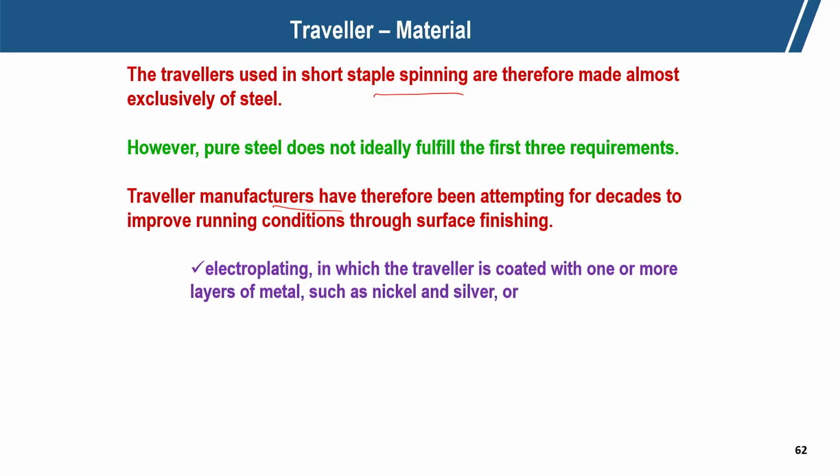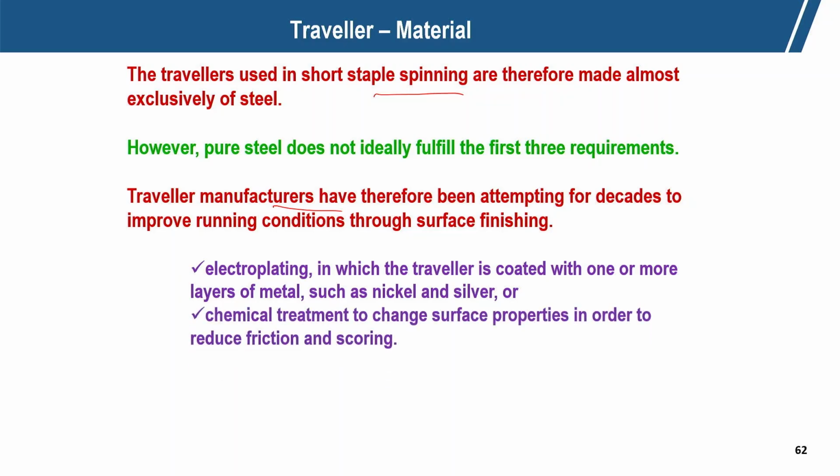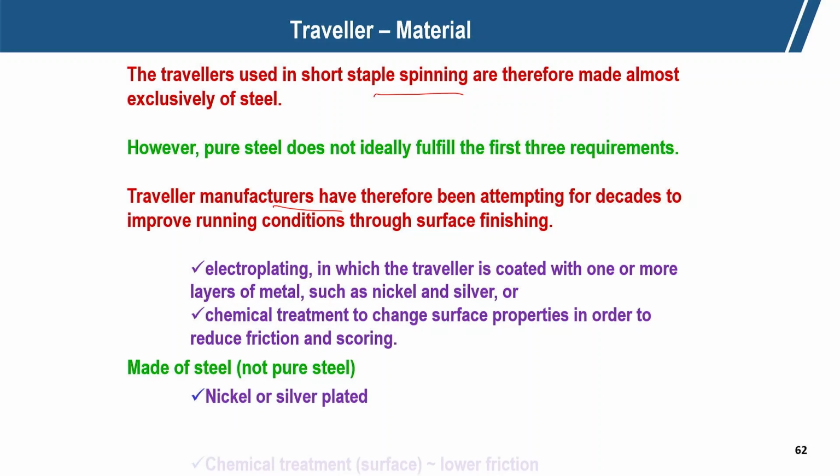So, electroplating is one of the ways. So, different types of metal plating is there, chemical treatment is done. So, made of steel, not pure steel, hardened steel, nickel or silver plated. Chemical treatment is done to reduce the friction.